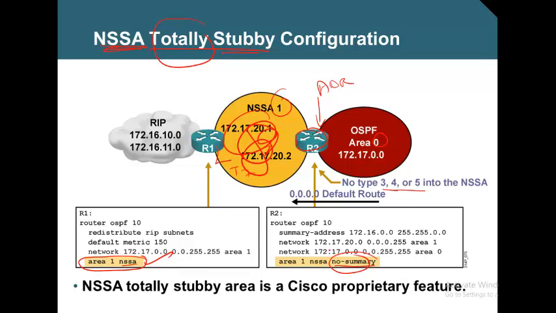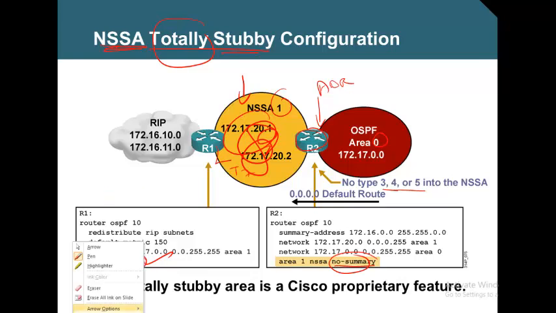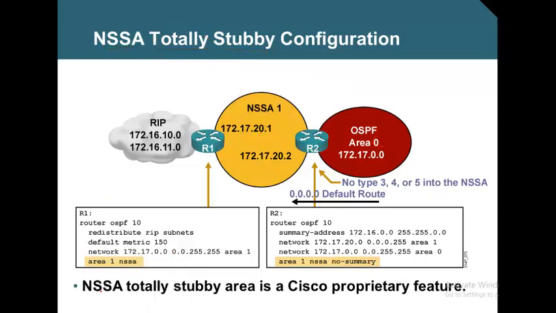Then what is the difference between totally stub and not so stubby totally stub? The difference is here, you still have an external route. In totally stub, you don't have a chance of external route. Here, not so stubby area, totally stubby, has got external type 7.